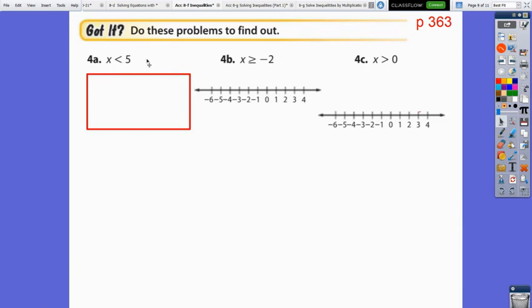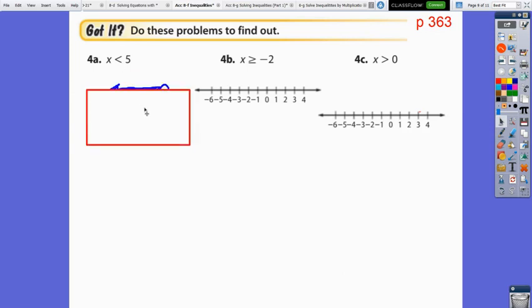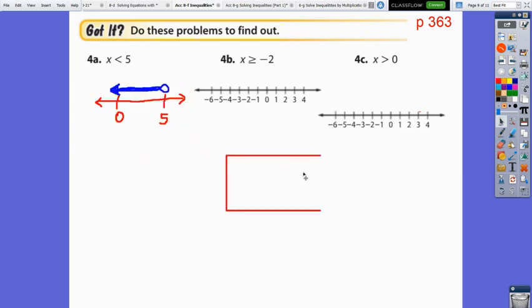X is less than 5. Open dot or closed dot at 5? Well, this is going to be an open dot because there's no equal sign. Now when you draw these by hand, you do not have to draw fancy number lines and list all the numbers. Really the best thing is to write the boundary number of your inequality and a 0 to show what direction things are in.